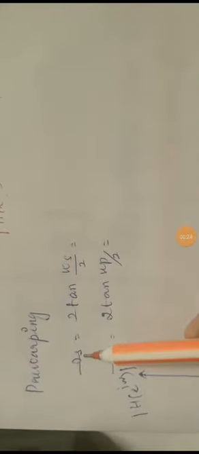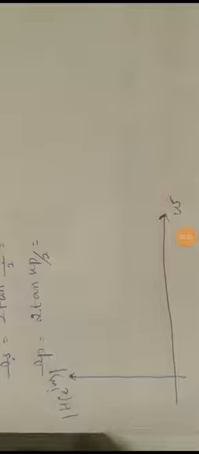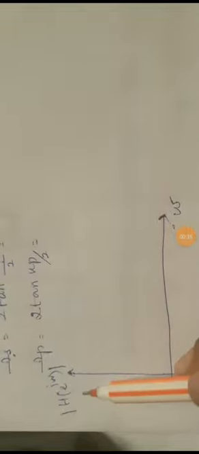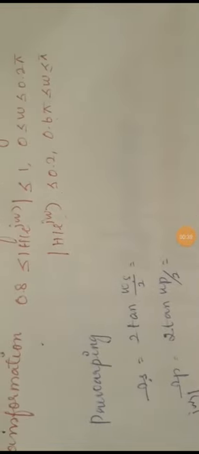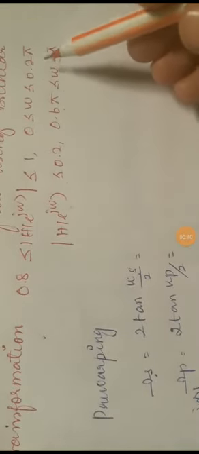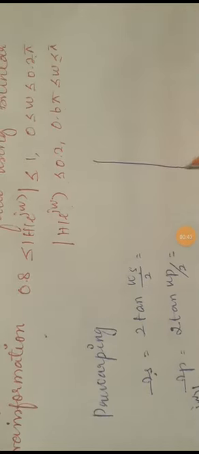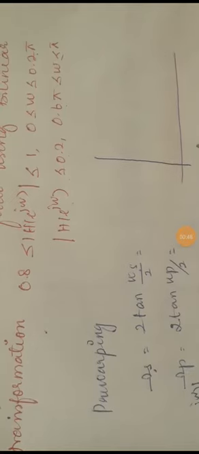In that pre-warping we have to find the analog omega s from the digital omega s, and for that we have to draw the graph like this. For digital omega in the x-axis, and modulus of H of e power j omega in the y-axis. From the specification, the digital omega varies from 0.2 pi to 0.6 pi to pi.